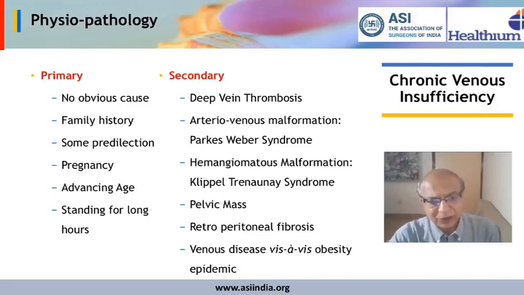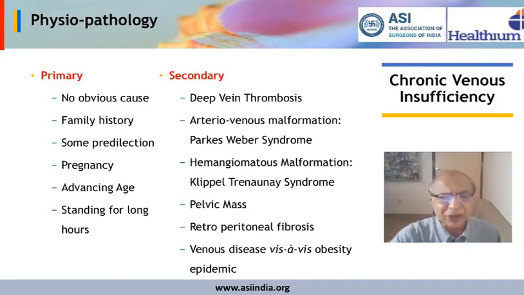However, a good 10 to 15 to 20% of subjects have a sibling suffering from a similar condition, maybe at the same time, maybe a few years down the line. So there is some predilection present, because pregnancy, advancing age, and standing for long hours occur to almost all human beings, but not all suffer from varicose veins.